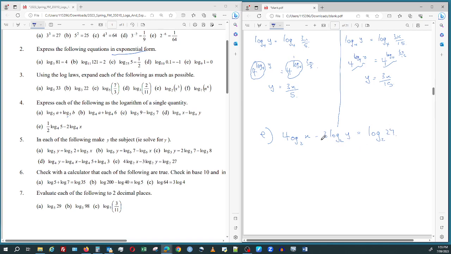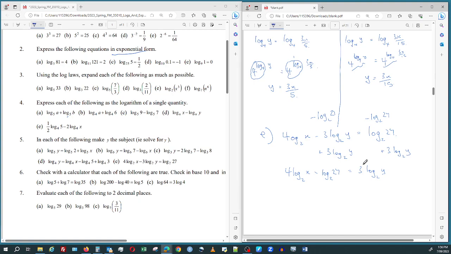So in actual fact, what I'd like to do is take this over the other side, just as I would with any equation, and subtract this one, just as I would with any algebraic equation. So we'd have 4 log base 2 of x minus log base 2 of 27 is equal to 3 log base 2 of y.